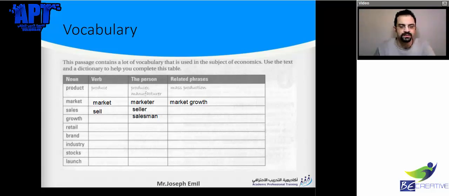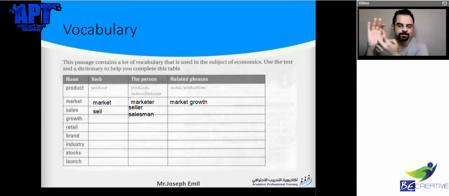Of course, what's the difference between seller and salesman? The seller is the person doing the sale in a specific situation. So if you are having a contract of buying, let's say you bought a mobile phone, you will have a contract, and you will have to sign in two spaces in the contract.